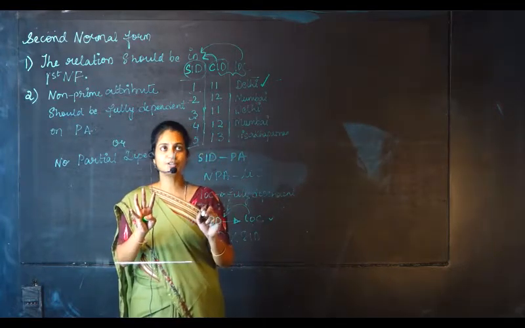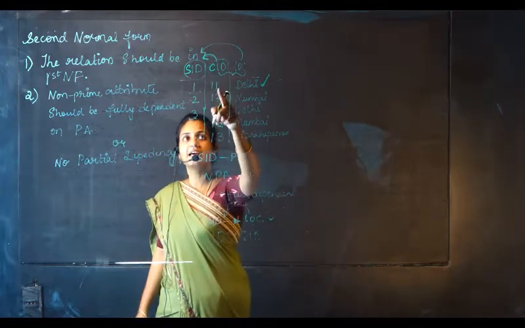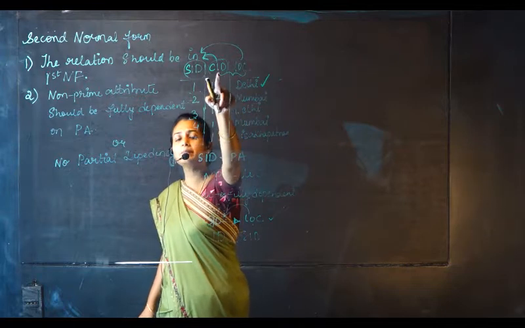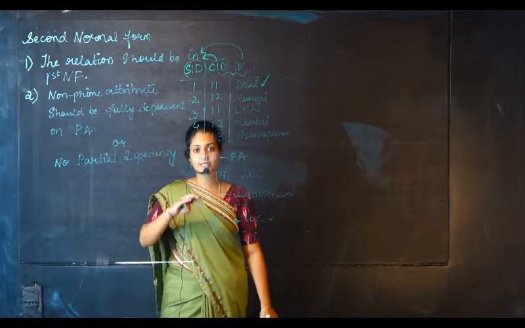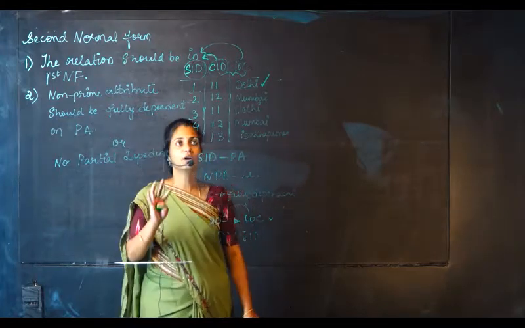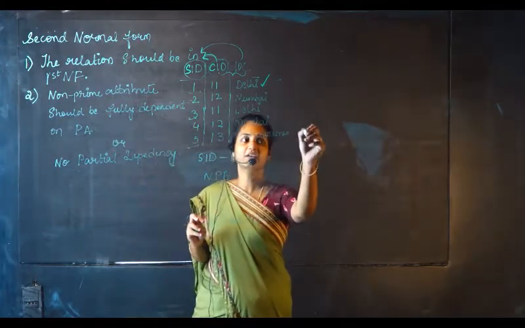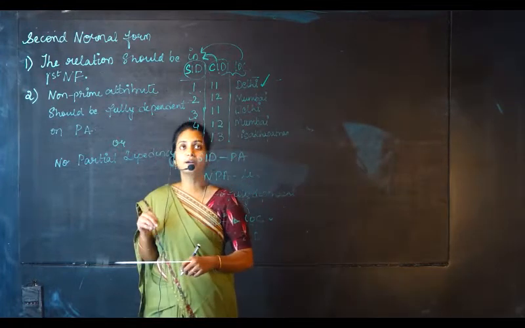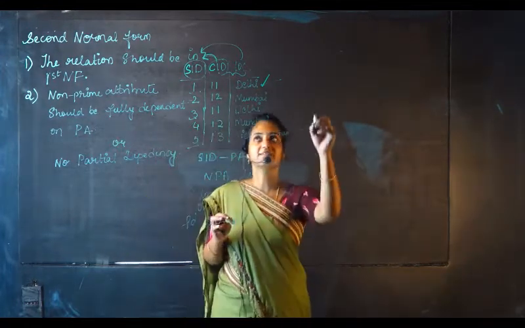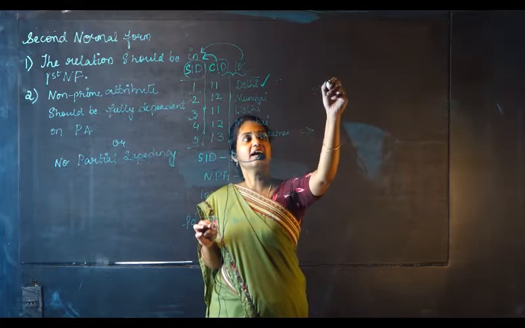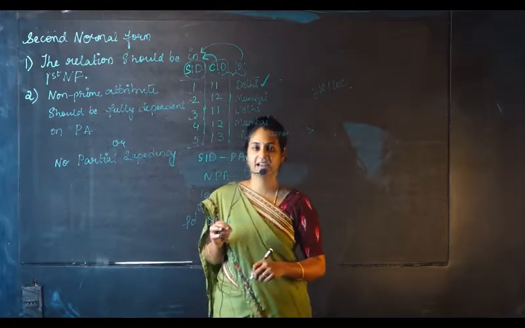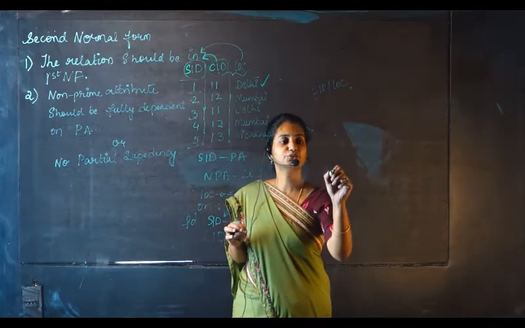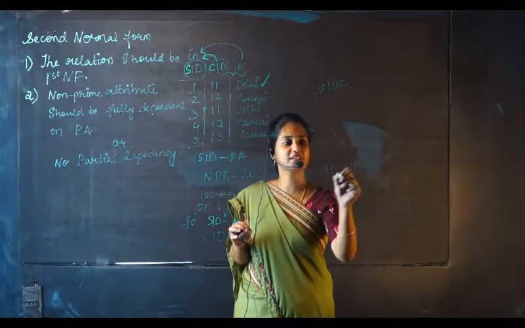This is only partially dependent, not fully dependent on the student ID. So what is the solution here? Again division. So how do I divide? I can divide into student ID and location, and student ID and course ID.